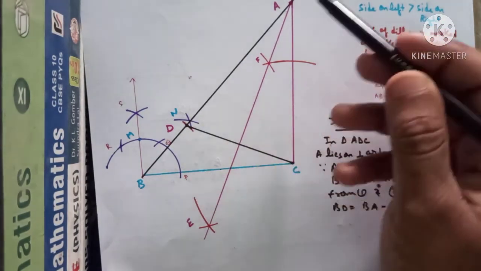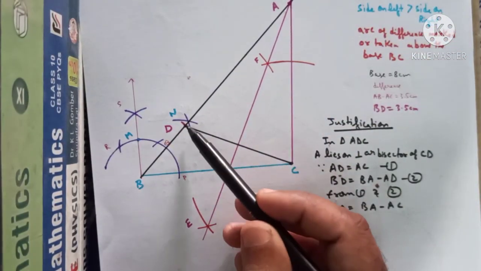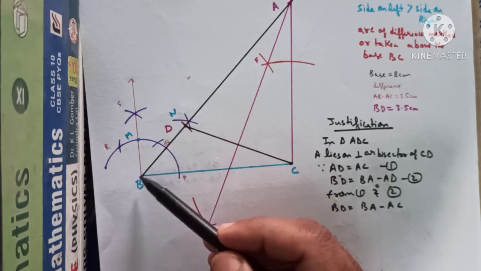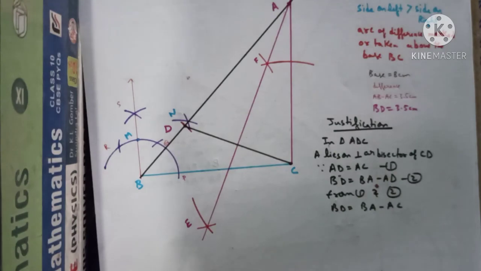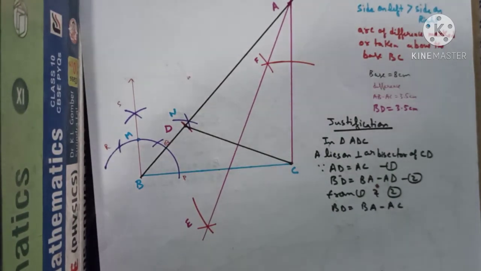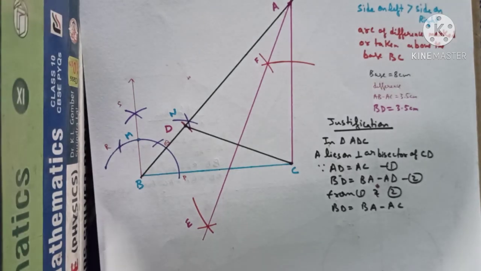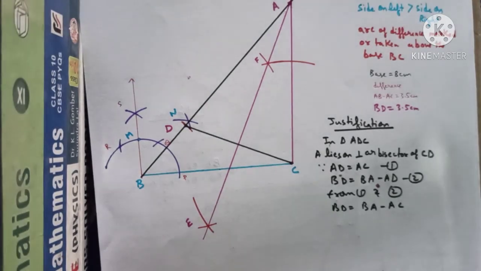That is, the difference of two sides is equal to BD. That is why we have taken the arc of difference BD. So this justifies our construction. In this manner we have justified our construction. Okay, understood?